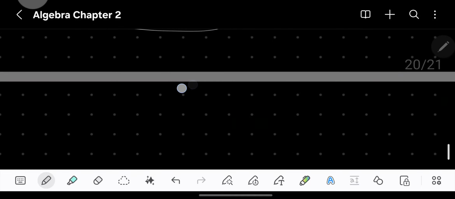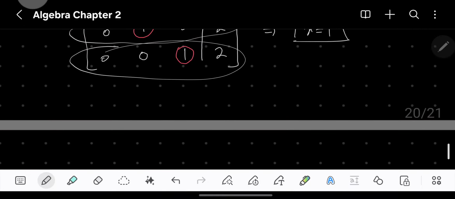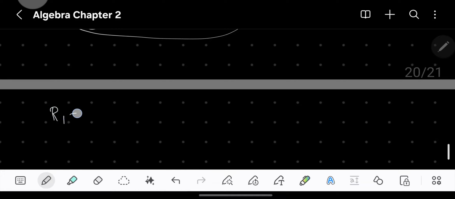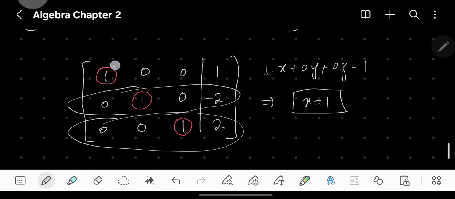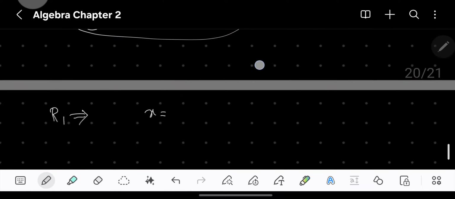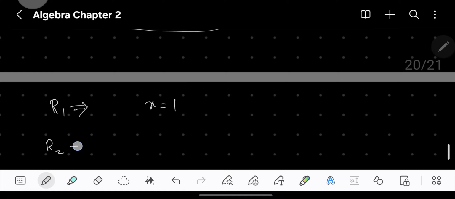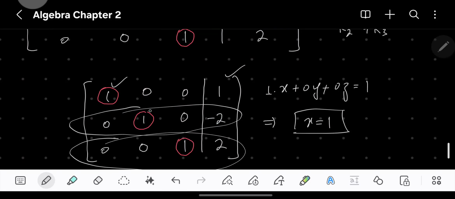So, I should read rows. From the first row, x is equal to 1. Row 2 implies y is equal to minus 2.